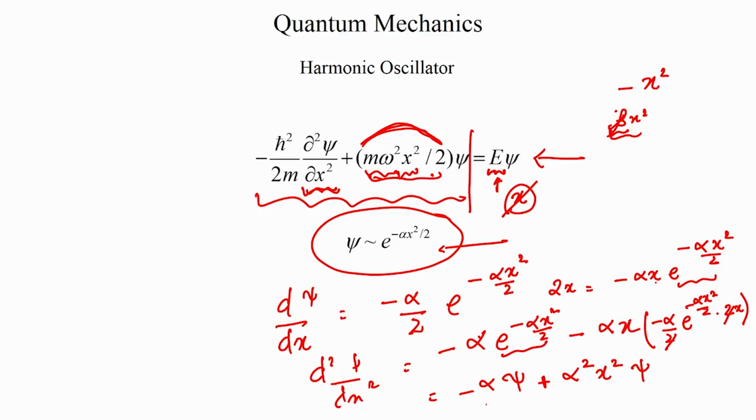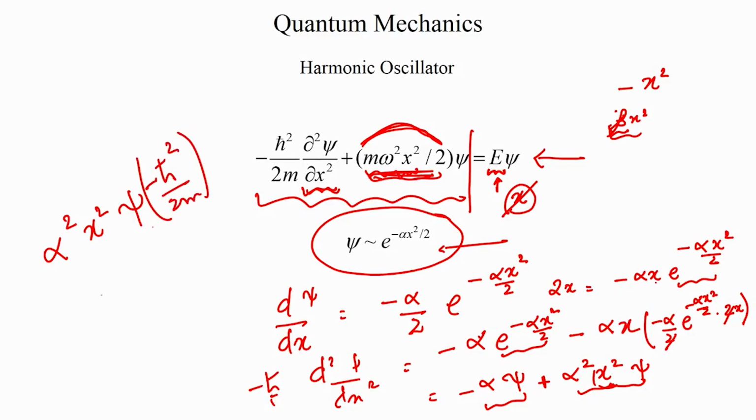So you see that you have a constant times psi and you have something which has an x square component in it, and going by our argument this component should cancel off that component there. So for me to have all this work out, we need alpha square x square psi into minus h bar square by 2m, must be equal to your m omega square by 2.